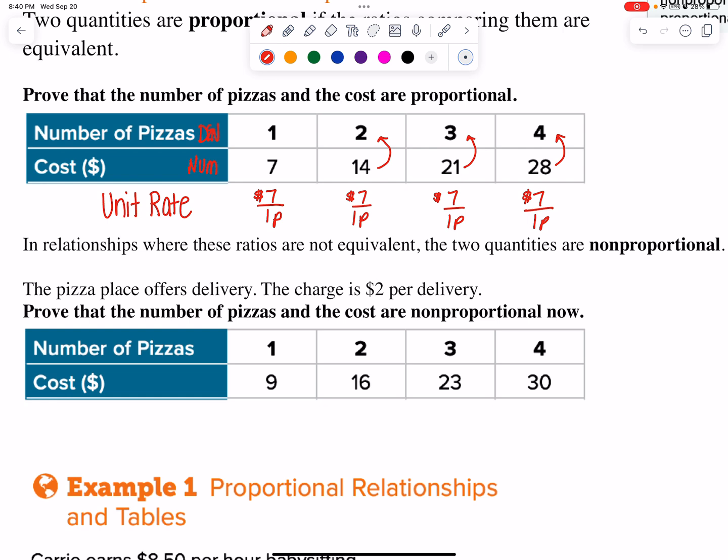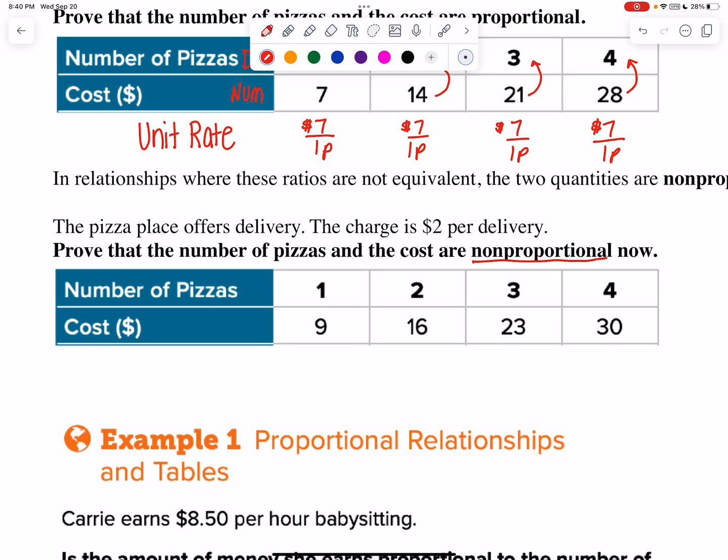So right away, you already know that this is going to be non-proportional because it's not $2 per every pizza. It's just this single $2. So it's going to mess up our proportion. Let's go ahead and prove that and show it real quick. Again, write the phrase unit rate, because that's how we're going to test if these are proportional. When we're doing that with money, a unit cost has the numerator as the money, and the denominator is going to be the other unit.